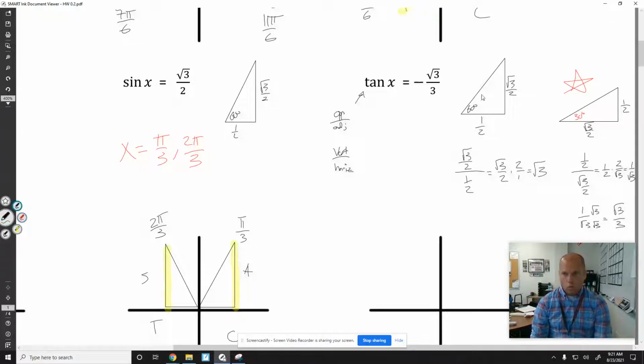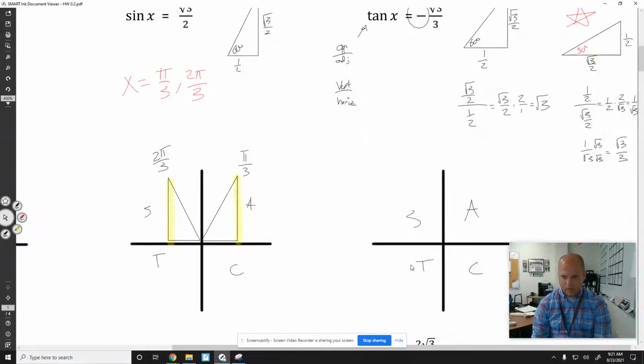Now, when is tangent negative? ASTC. Tangent's positive in the first and the third, so that means tangent's negative in the second and the fourth. I want the 30-degree triangle created in the second and the fourth quadrants. So that's this pi over 6 here, and this pi over 6 here.